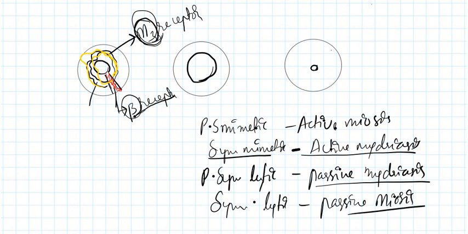Why? Because beta receptors, if activated, cause constriction of radial fibers, leading to mydriasis. But if these beta receptors are blocked, the radial fibers will be relaxed and it may lead to passive meiosis. So this difference, each and every doctor, please understand.